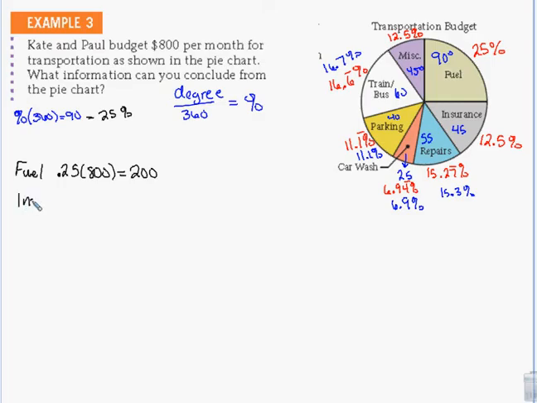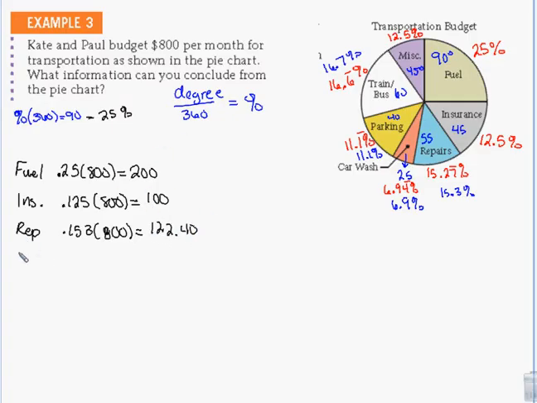Insurance is $100. Car repairs is $122.40.